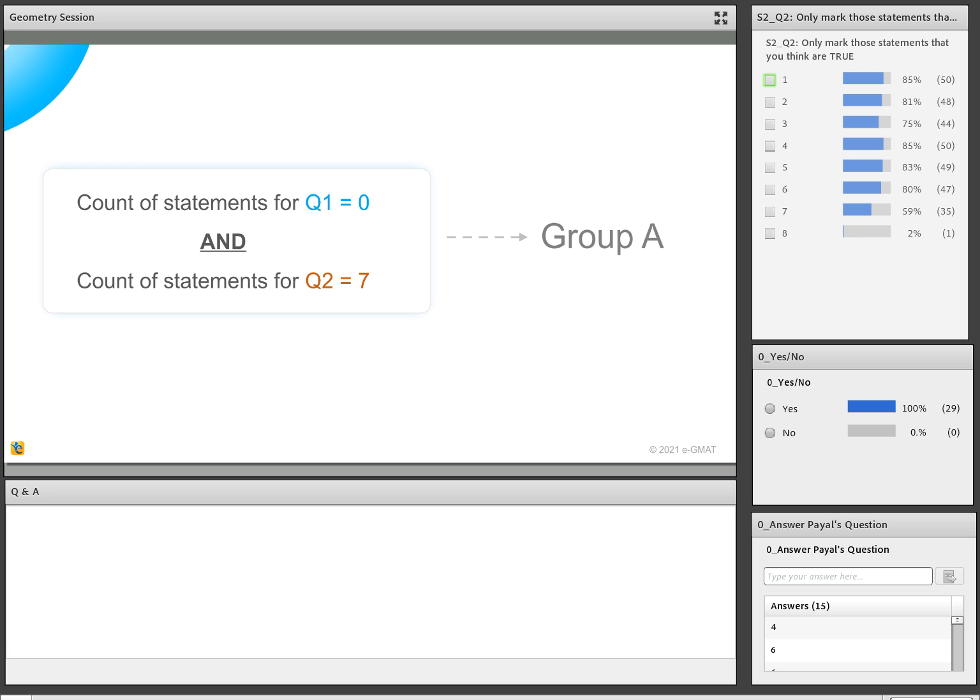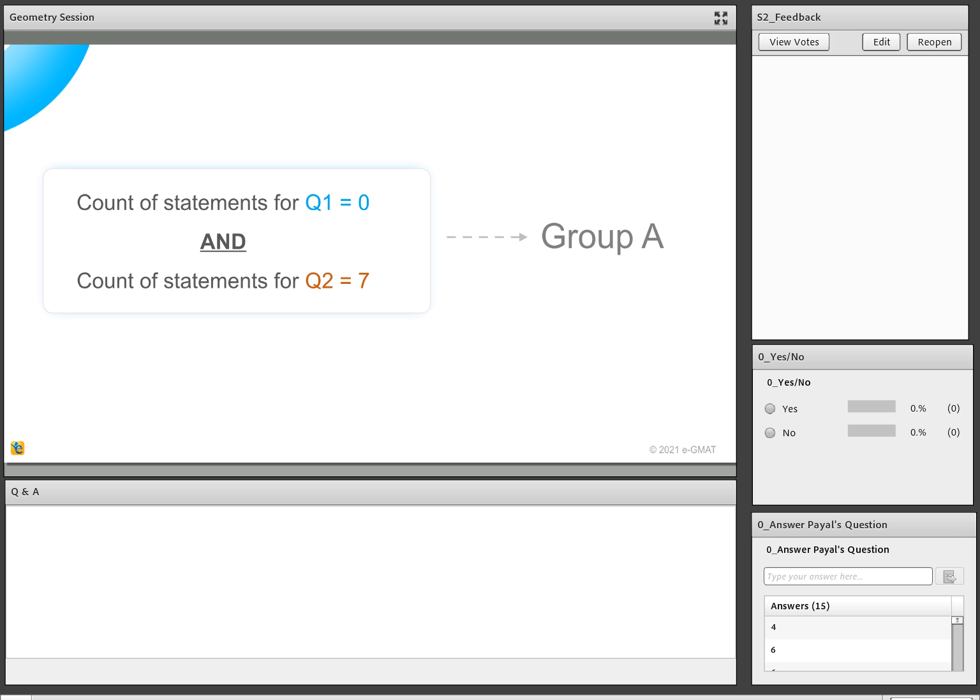All the folks who selected 0 statements for the first one and 7 statements for the second one should select group A.